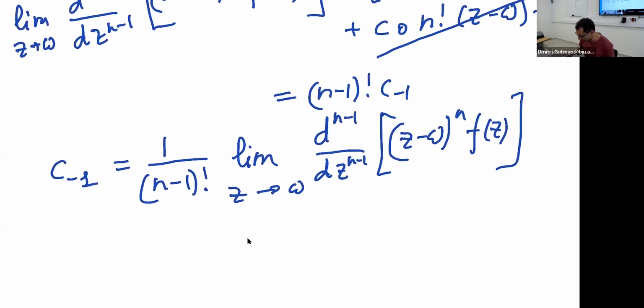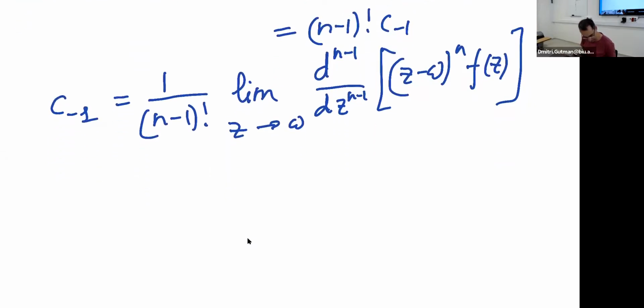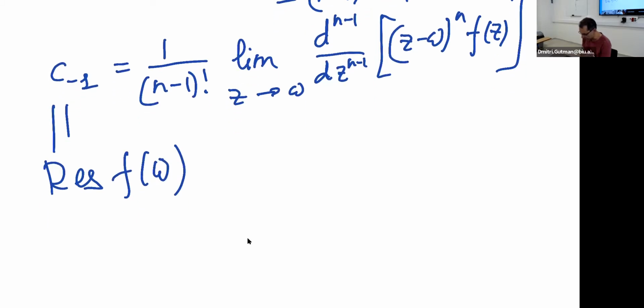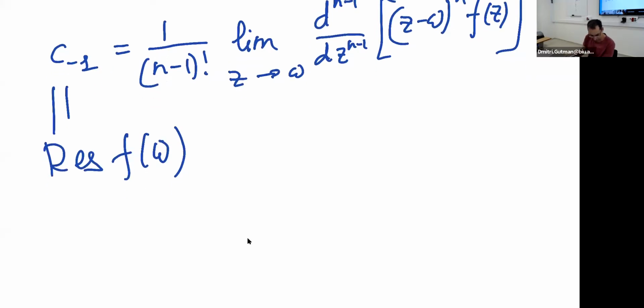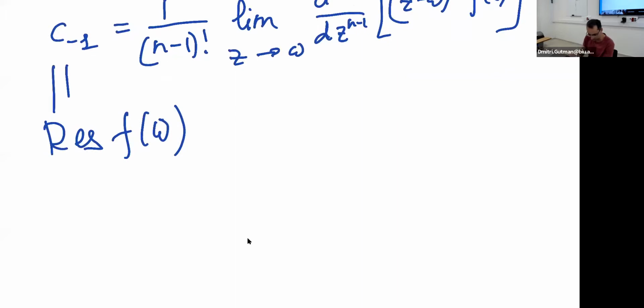So for the case of a simple pole, let's make sure that this expansion makes sense. And this is, by definition, the residuum of function f at point w. That's another name for this coefficient, because it's very important. We gave it a name. We called it res of f of w. So let's discuss what it means for a simple pole.